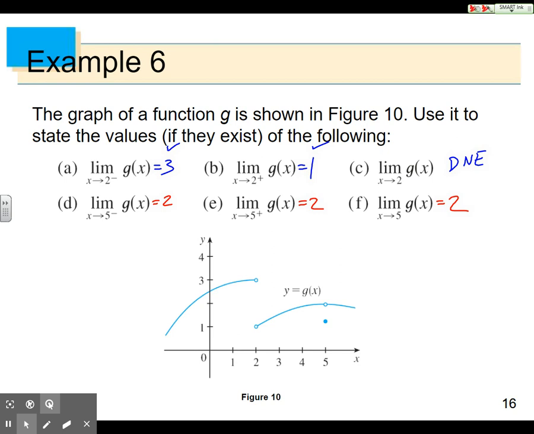Came in from the left at 2, came in from the right at 2, and then this same number has to come over. Some of you are thinking, well, man, I put 1 right here. Nope, it does not equal 1. Now, if I was to ask you g of 5, that would equal 1, but that's algebra. I'm interested in calculus and limits and what the value is getting close to, not necessarily equal to. So be careful with that.